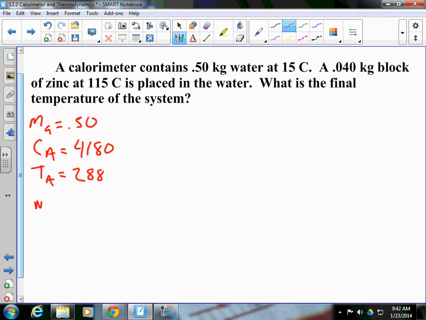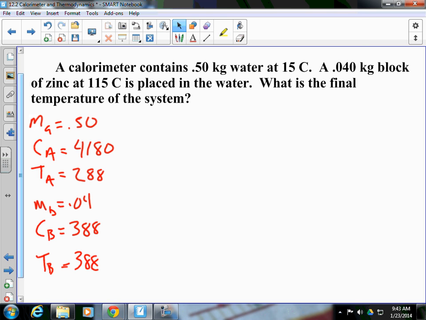Likewise for B, the mass of the block is 0.04. The specific heat of zinc, which is in your book again on page 318, is 388. And the temperature of zinc is C plus 273. Well, 115 plus 273 just happens to be 388.